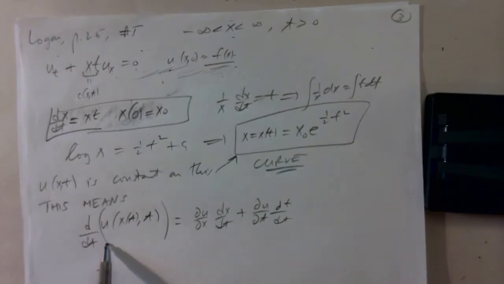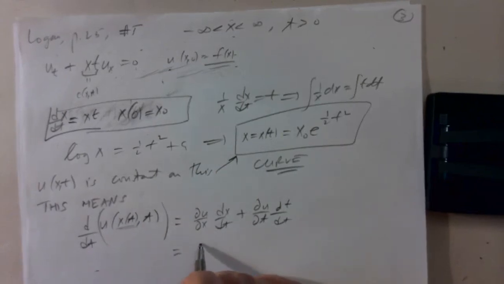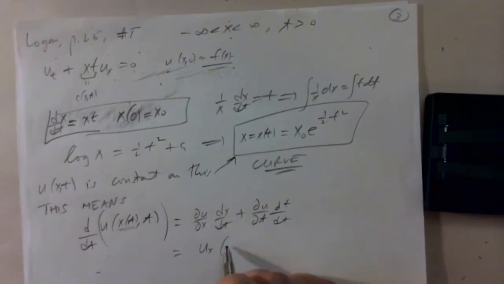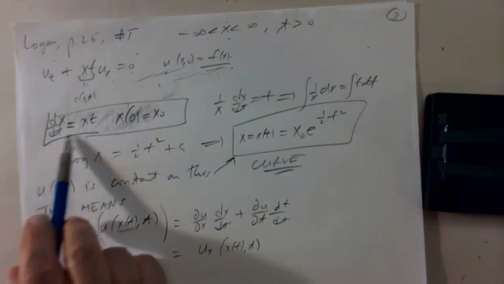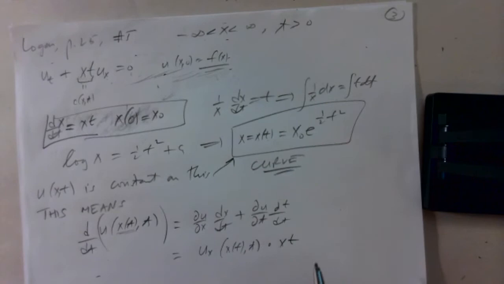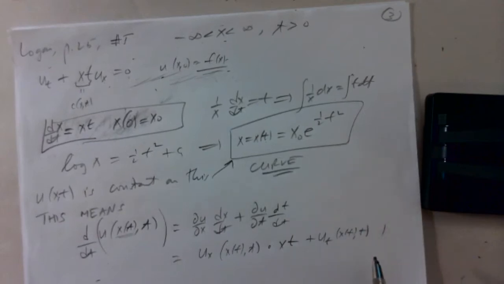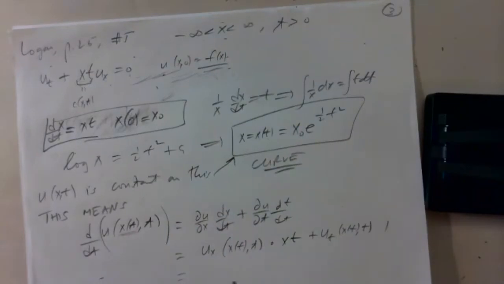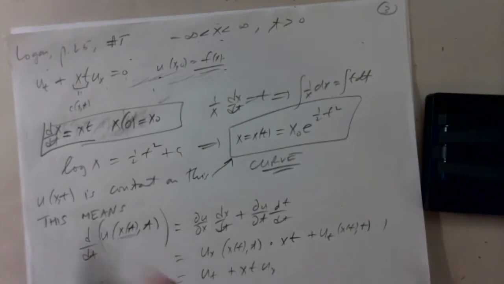It's the partial of u with respect to x times the derivative of the first variable plus the partial of u with respect to t times the derivative of the second variable. So this is u sub x evaluated at x of t comma t. What is dx/dt? dx/dt is xt, plus u sub t evaluated at x of t comma t times 1. So this is u sub t plus xt u sub x. That's 0.